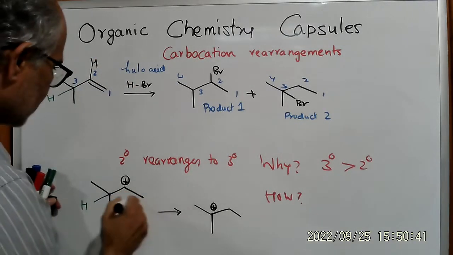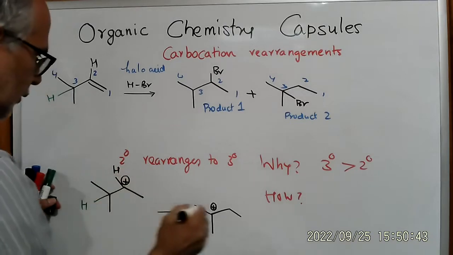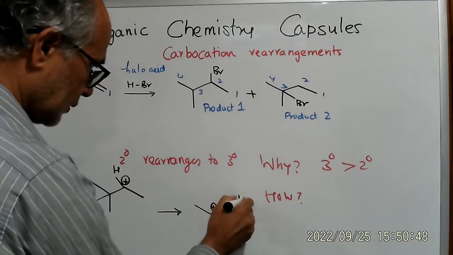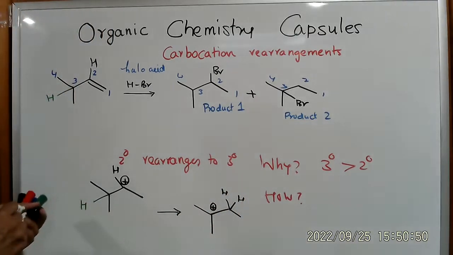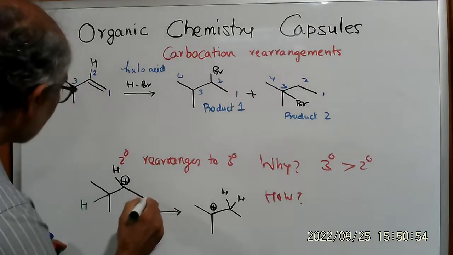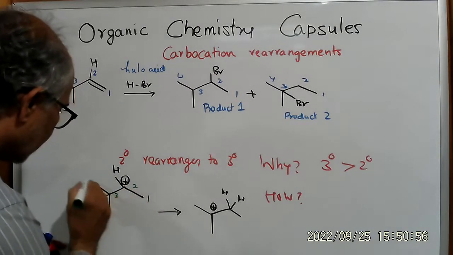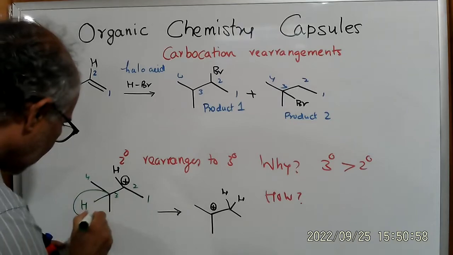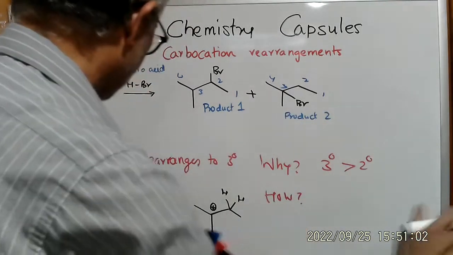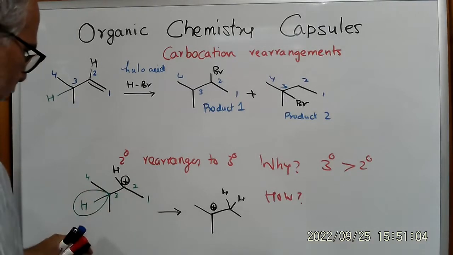There's one hydrogen on this carbon, and notice this one has two hydrogens. How did that happen? The hydrogen on carbon 3, carbon 1, 2, 3, 4, the carbon-hydrogen bond shifted to carbon 2.